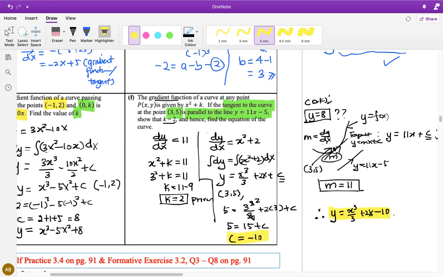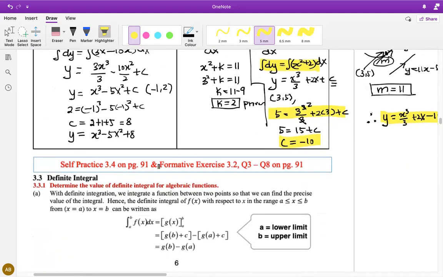Right, so you can see the method is still the same. You integrate, substitute the value in, you get the c, and then you rewrite everything, you get the equation of the curve. All right, so do self-practice 3.4 on page 91 and formative exercise 3.2, question 3 to question 8.